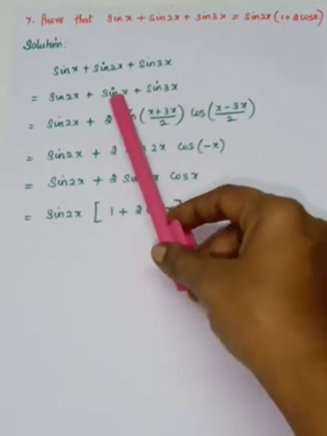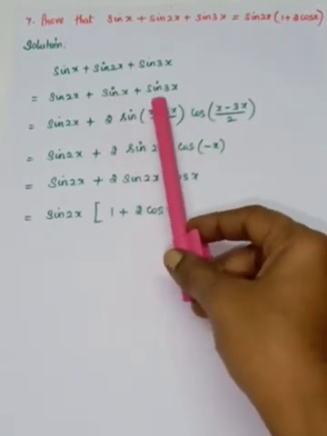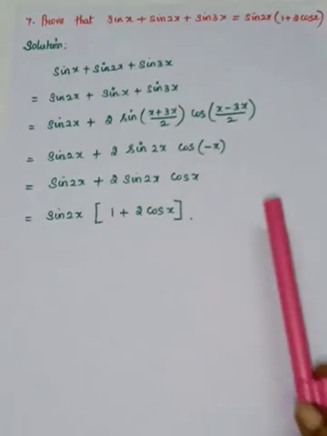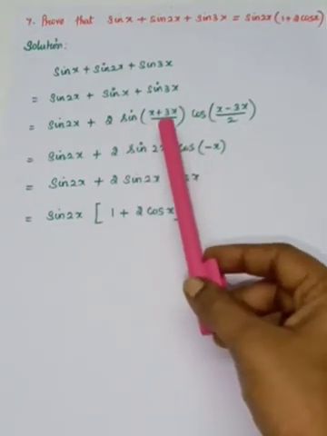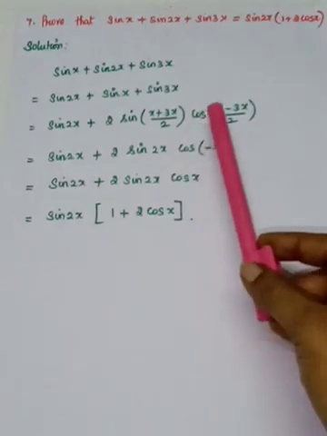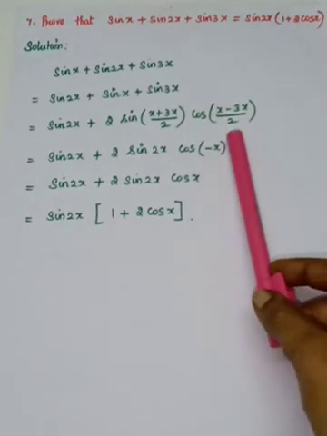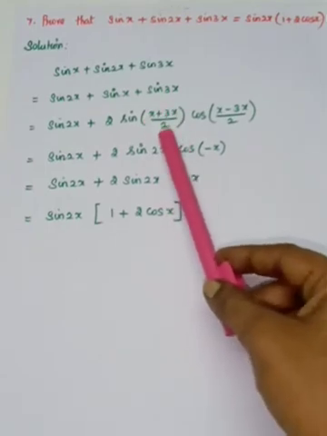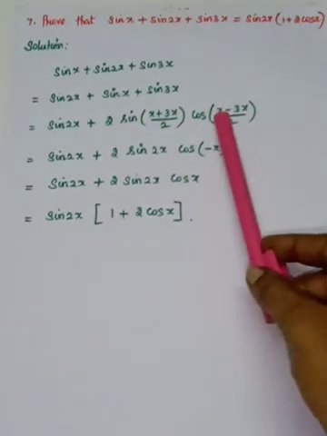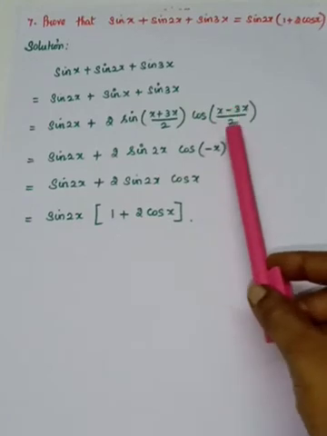So it is in the form of sin C plus sin D. So sin C plus sin D, what is the formula? 2 sin C plus D by 2 cos C minus D by 2. Okay. So when you substitute, x plus 3x by 2 and C minus D by 2 is x minus 3x by 2.